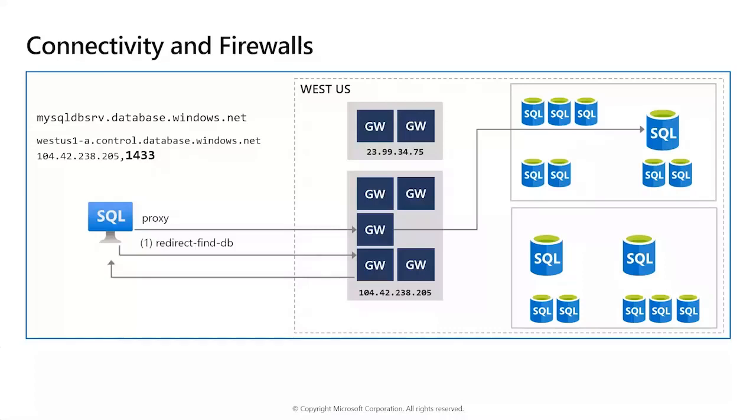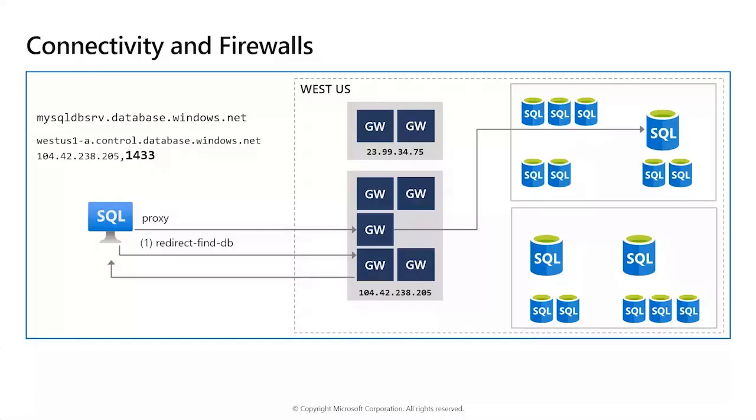If we're trying to connect from within Azure, your connections need to have a connection policy of redirect by default. So a policy of redirect means that after the TCP session is established to the Azure SQL database, the client session is then redirected to the right database tier with a change to the destination virtual IP from that of the Azure SQL database gateway to that of the cluster.